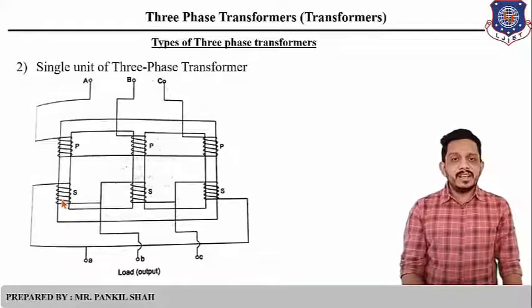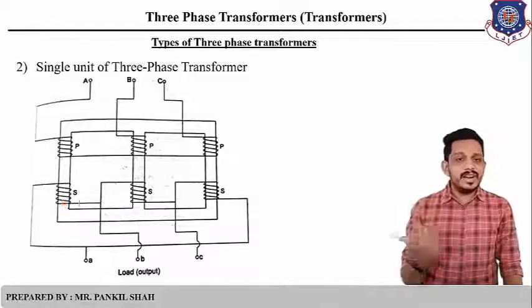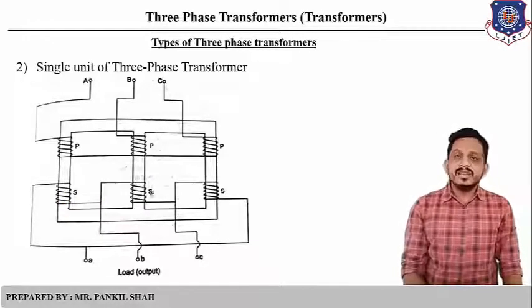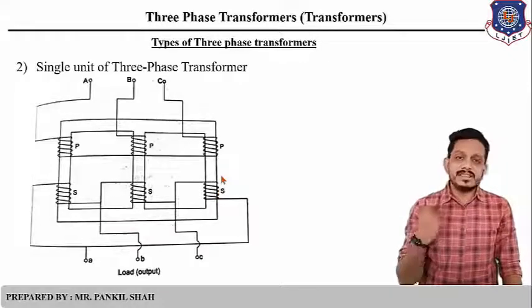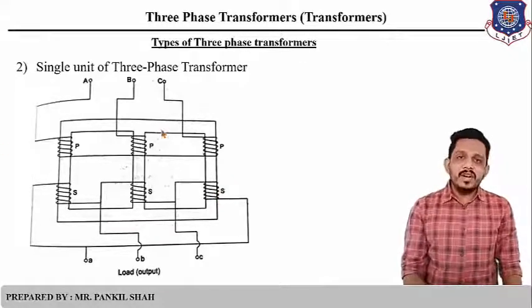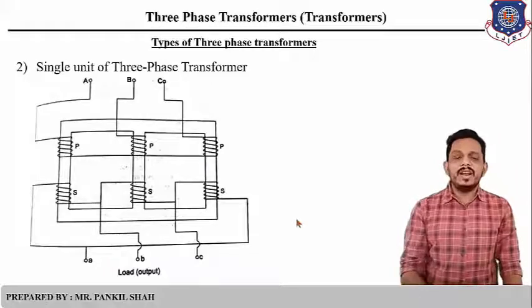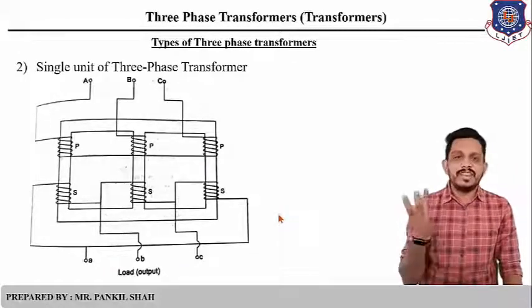Similarly, the secondary windings: first phase secondary winding, second phase secondary winding, and third phase secondary winding are connected. Now we need to interconnect these primary and secondary windings to form three terminals, that is the three phase input and output.